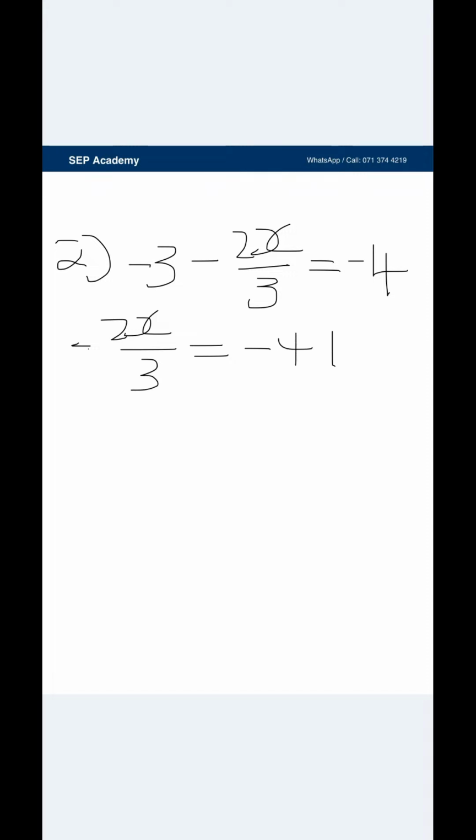That 3 will come to this right hand side, it changes the sign, it becomes positive 3. You still have your negative 2x over 3 being equals to that plus that, it will definitely be negative 1.